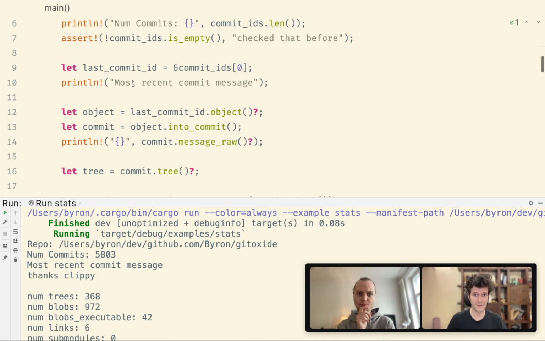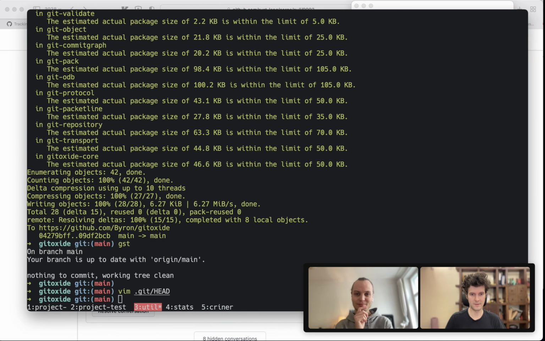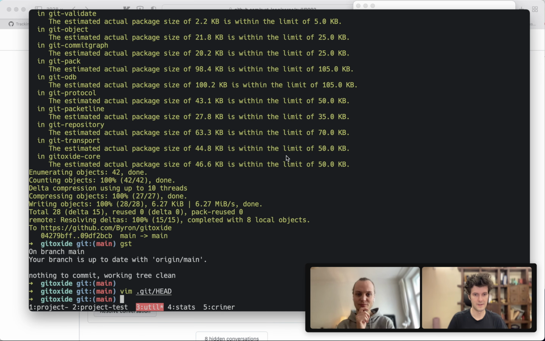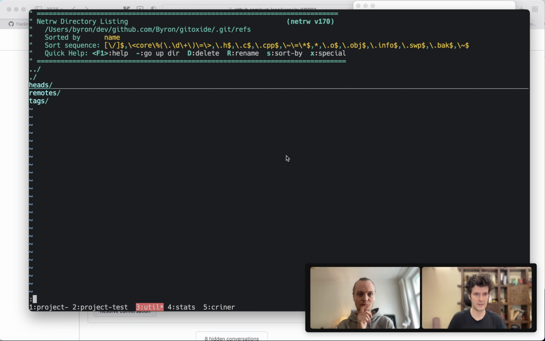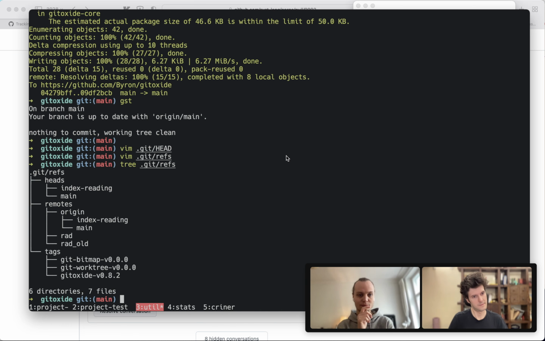But now I think maybe we can find some stats that tell us about the not so special references. Let's see here. That's the other branches that there are. Right now there's just two, main and index reading.